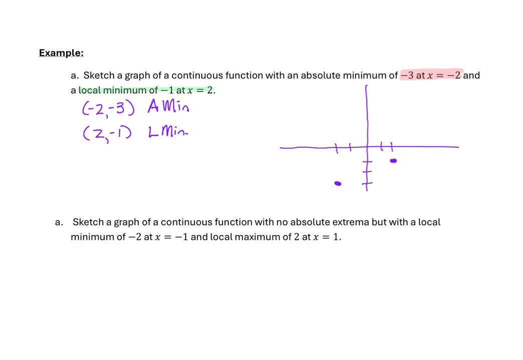Okay, so when we graph this, in order for this to be the absolute minimum, we need it to be coming down as we approach this point, and then it needs to turn around and go back up. Because we have a local minimum, same thing, we need to go down to approach it, and then go back up. And so this would be an example of a graph that we could have.